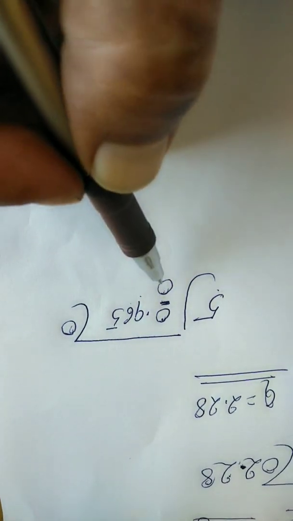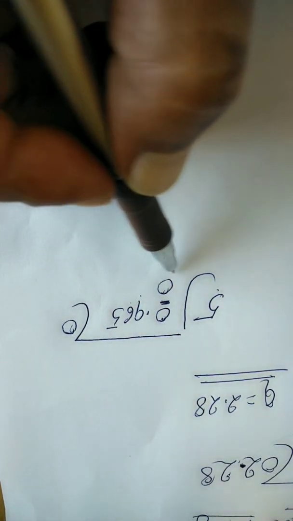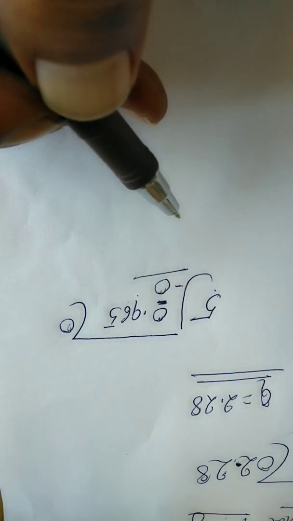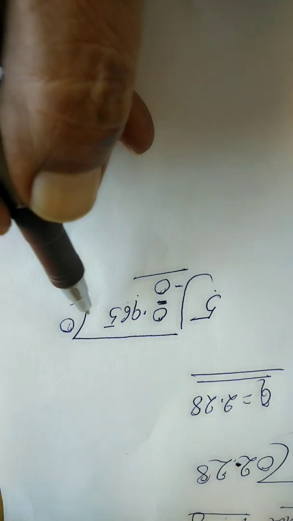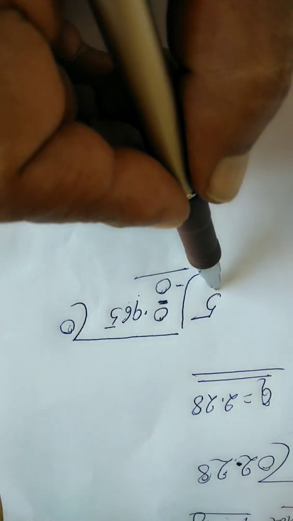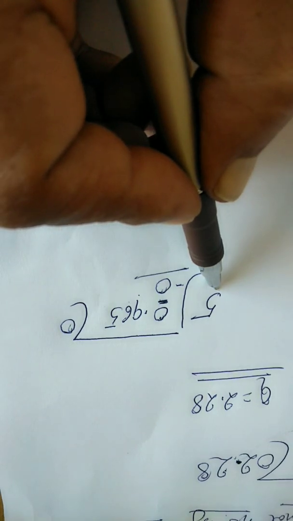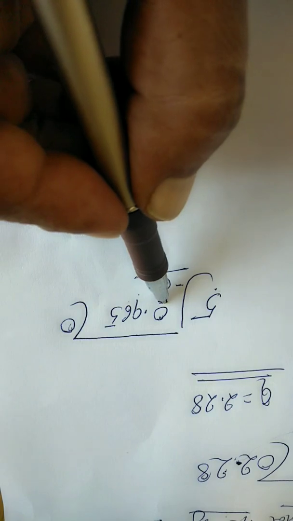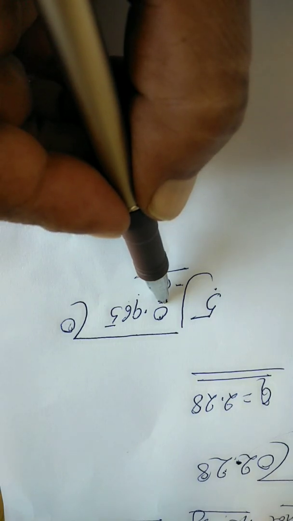Don't take 2 digits at a time because it may cause you problems. So it's my suggestion to you, always take a single digit. If we have one digit in the divisor, you will take one digit from the dividend the first time.